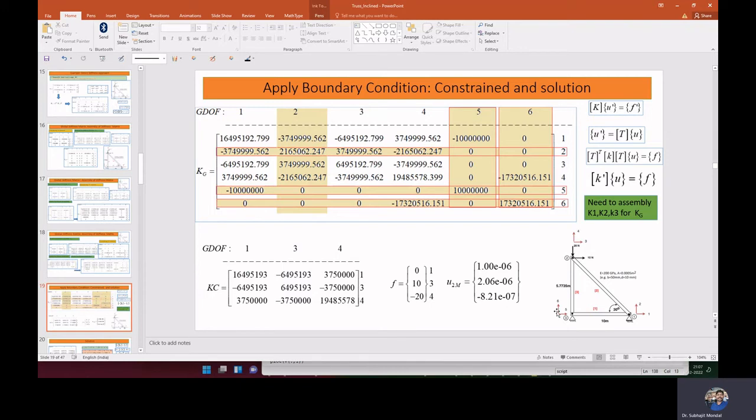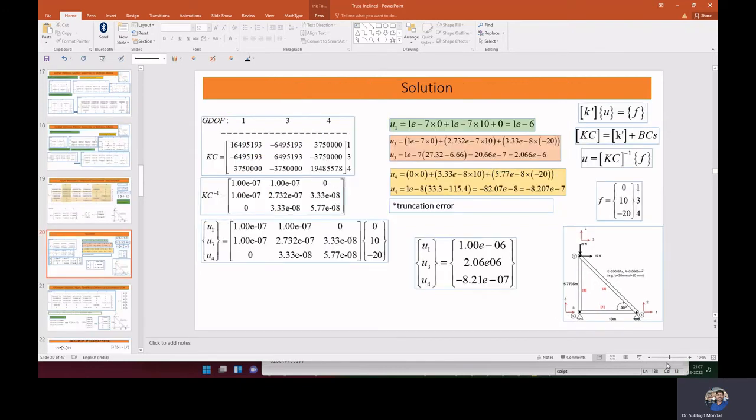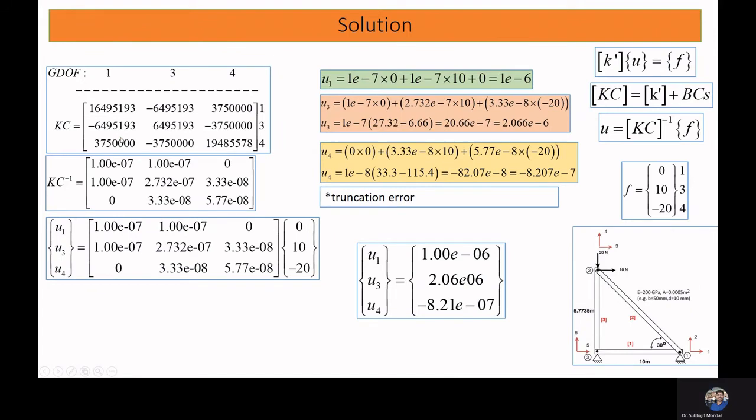Now here we will see how we can solve this problem. We have obtained our global stiffness matrix.